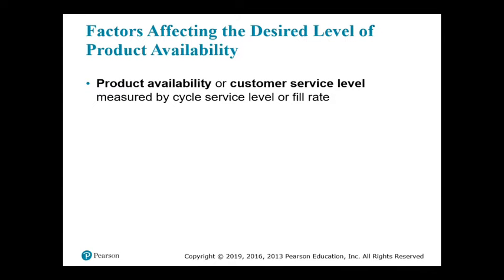So we mentioned that service level or product availability is measured by metrics such as cycle service level or fill rate, either product fill rate or order fill rate. And we focus on cycle service level, and we're going to continue with that focus.